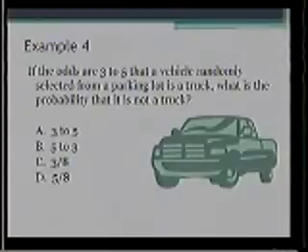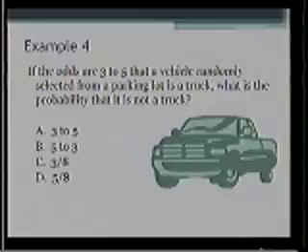Using these definitions, let's look at example 4. If the odds are 3 to 5 that a vehicle randomly selected from a parking lot is a truck, what is the probability that it is not a truck?